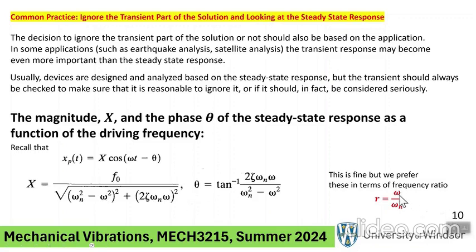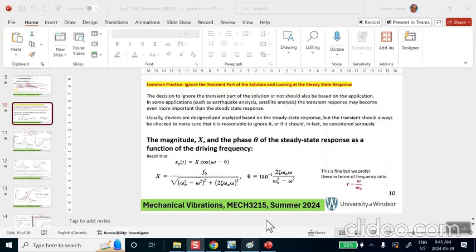So I'm going to get rid of omega n. You're not going to see it, but in return, you're going to see R, and that's what we're going to do for the rest of the lecture.